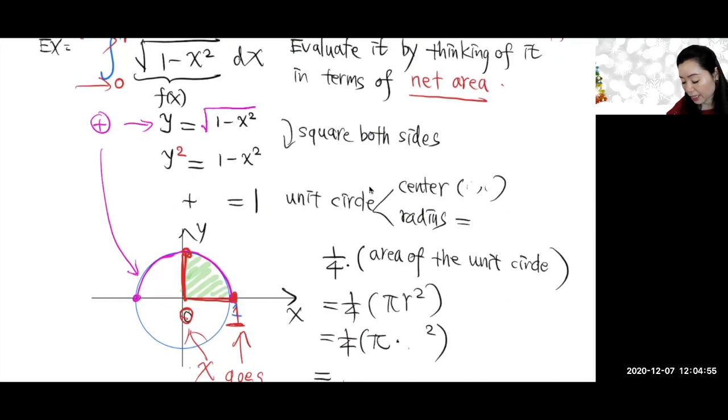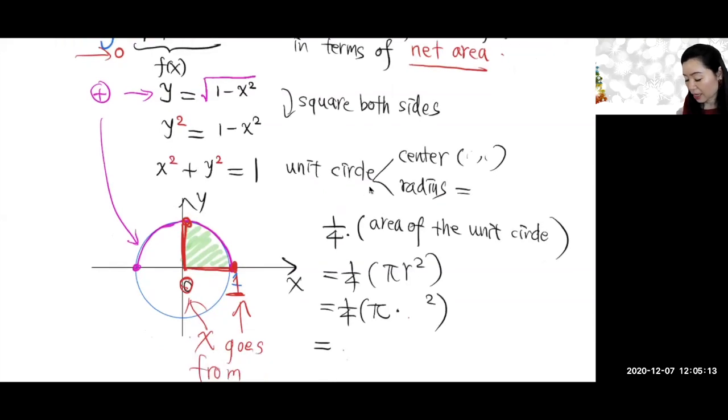Now let's bring the x squared and y squared together, so we have x squared plus y squared equal to 1, which is a unit circle.